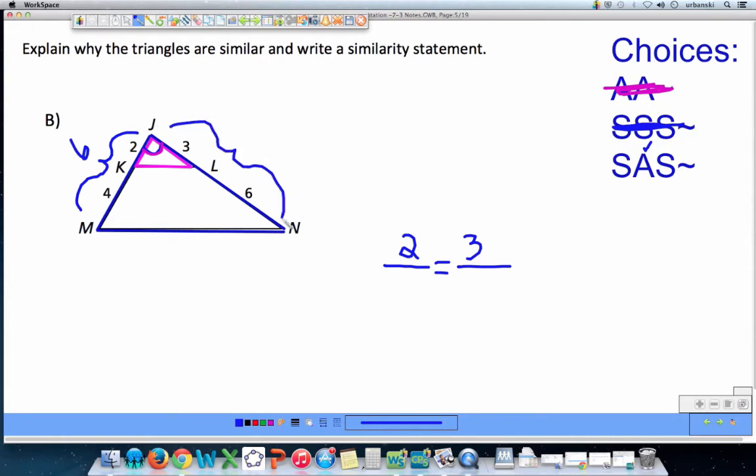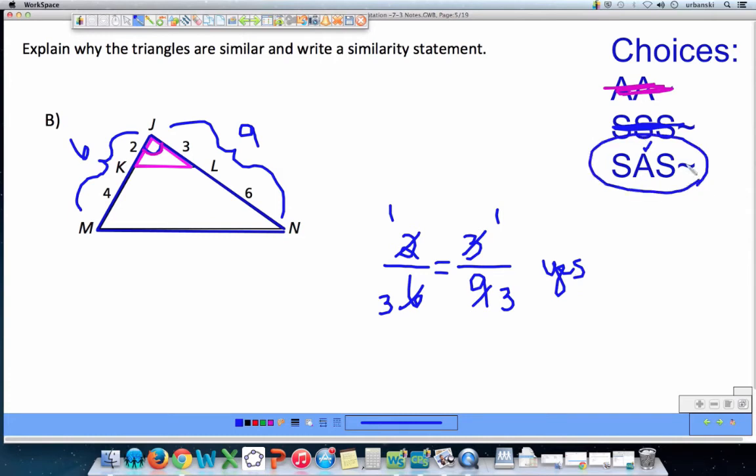This whole entire side here is 9. So those are the two sides, shortest to biggest, 6 to 9. When you go to check that, you get 1 over 3 and 1 over 3 as you reduce. They are proportional. So our triangles are similar by side angle side.